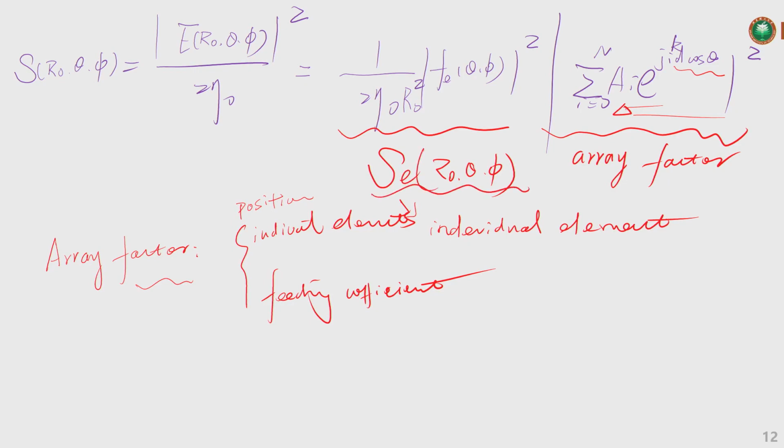So this part is the radiation pattern for each element. So it's not related to this part. Which means the array factor is independent of the specification of the antenna.